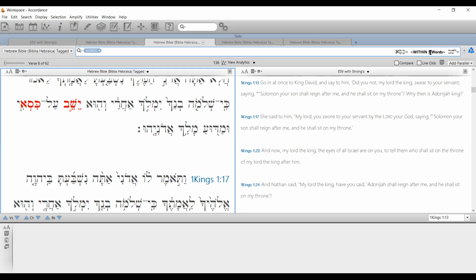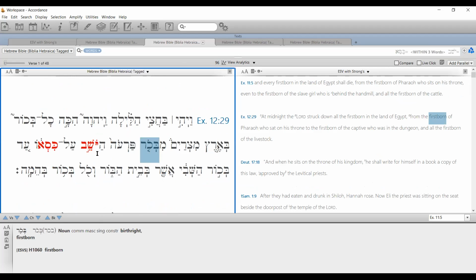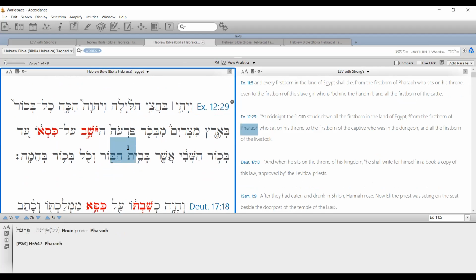Let it be 3, okay? So before the result was 62, now it should be less than 62. Let us see: 48. And most of them are yashav al kisseh, so to sit upon the throne.